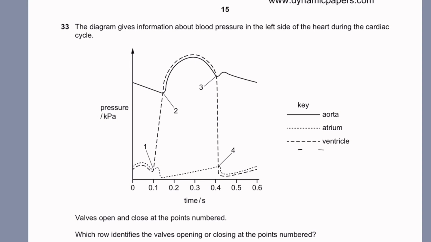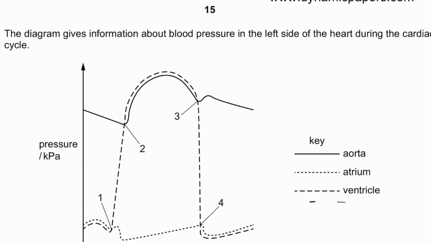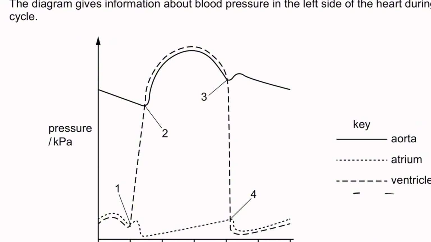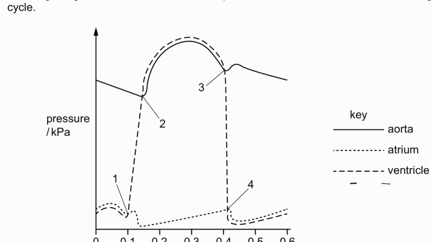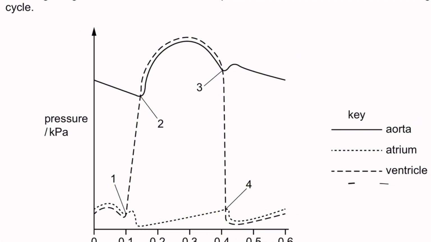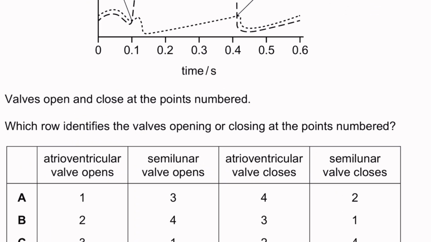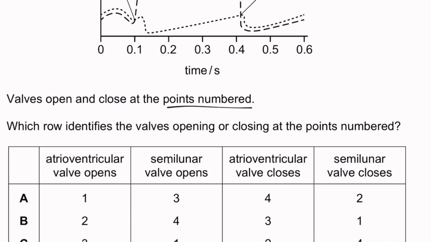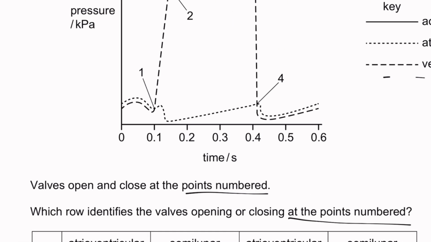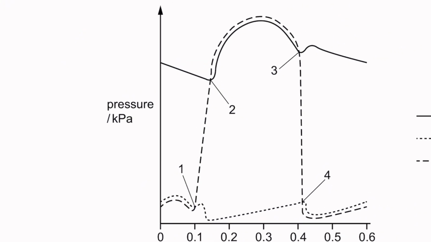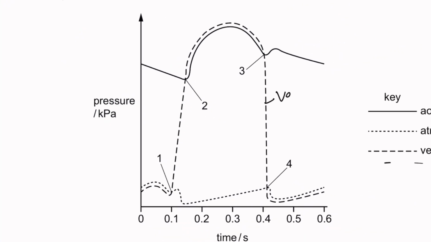The diagram gives information about blood pressure in the left side of the heart during the cardiac cycle. So you can see how the pressure is going to increase from these points on, and there are different labels here. So you have aorta, atrium, ventricle, and valves open and close at points numbered, which will identify as valves opening or closing at the points numbered. Okay, so since this is the ventricle, this means that when the pressure is super high, it is because the pressure is increasing here, so we have to understand this is ventricular systole.